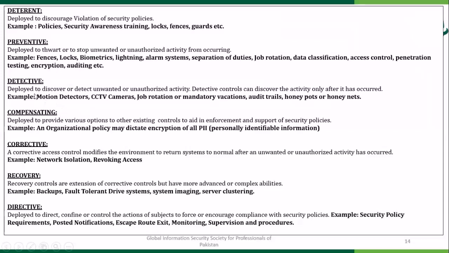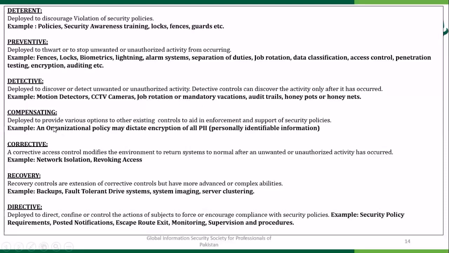Now you have the other categories over here, which are detective, again meant to discover or detect any unwanted activity. See, these are the audit trails that I was referring to earlier. These are the detective controls. Then you have your CCTV cameras, again physical controls falling under the detective category. Job rotation or mandatory vacations, administrative controls falling under the detective category.